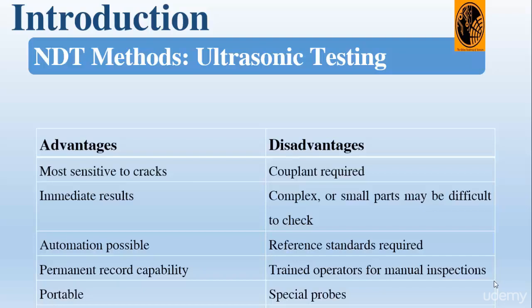The limitations: a couplant is required, and complex geometry or small parts may be difficult to check, and reference standards and blocks are required, and it also needs trained operators and special probes.